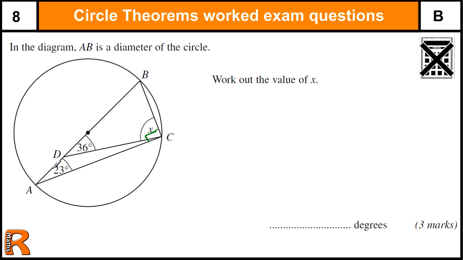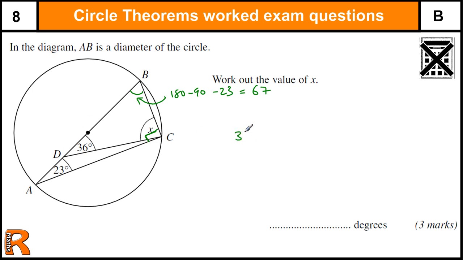So that allows us to look at this big triangle ABC, and we know that this angle here is going to be 180 minus 90 minus 23, that's the whole angle there, which is going to be 90 take away 23, which is 67.